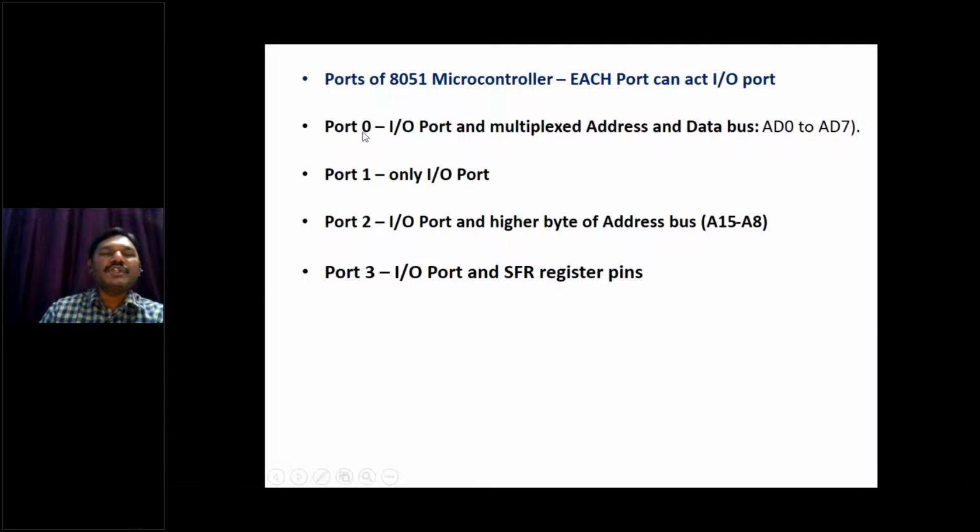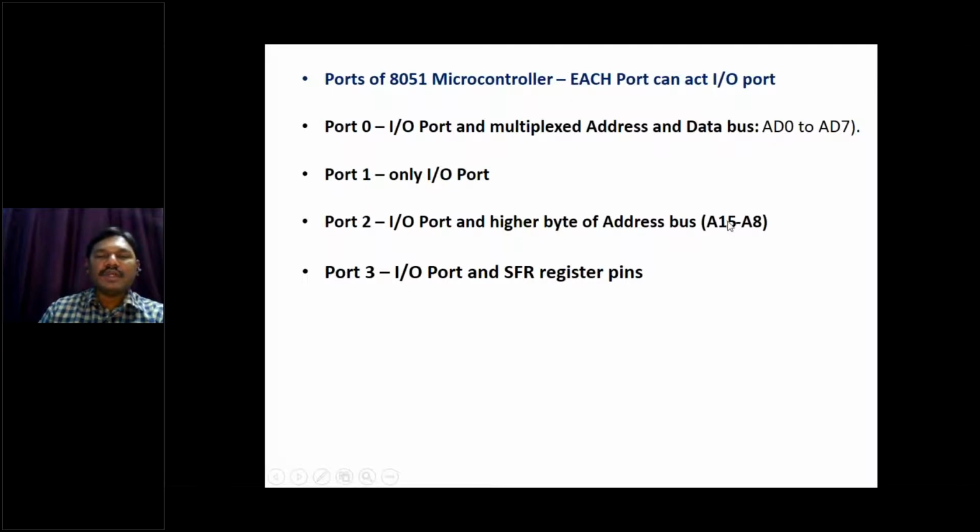So the 4 ports' functionality: port 0, port 1, port 2, port 3. The main functionality is that these 4 ports can act as IO ports, and port 0 can also function as the multiplexed address and data bus, AD0 to AD7.